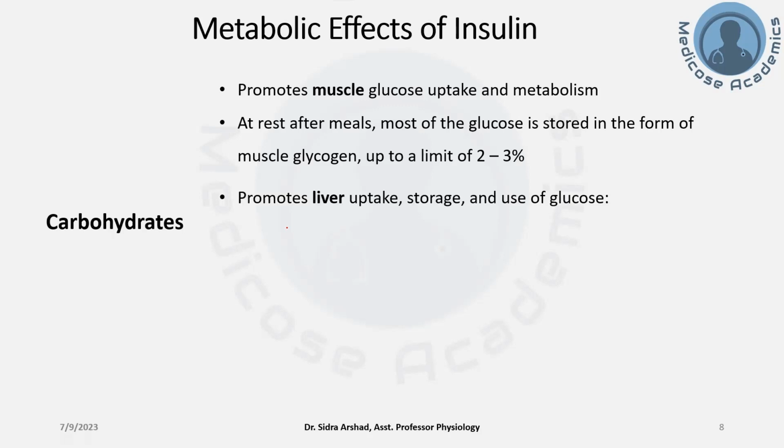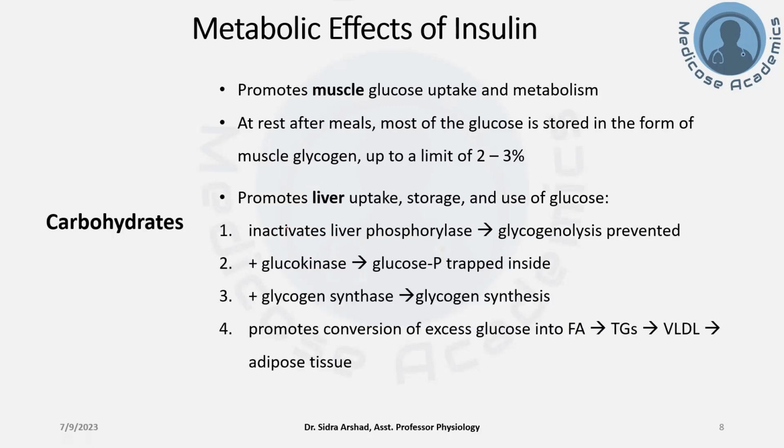In the liver, even though the uptake of glucose by the hepatocytes is not insulin dependent, in the presence of insulin in the digestive and post-absorptive phases, the uptake of glucose becomes even more efficient, and the liver is going to metabolize carbohydrates to the best of its abilities. So insulin promotes liver uptake, storage, and use of glucose. It establishes this by inactivating the liver phosphorylase enzymes.